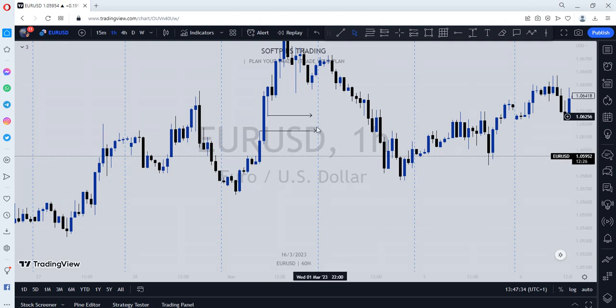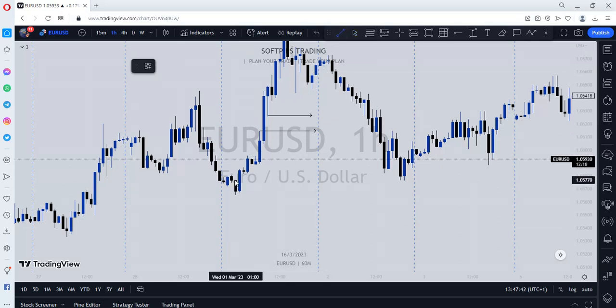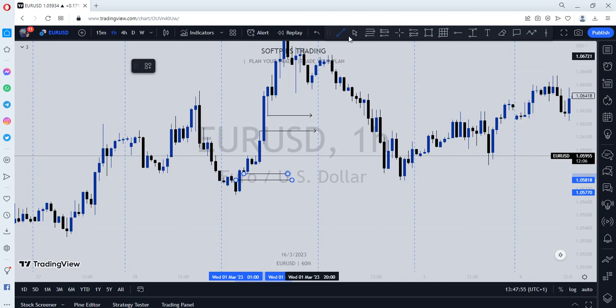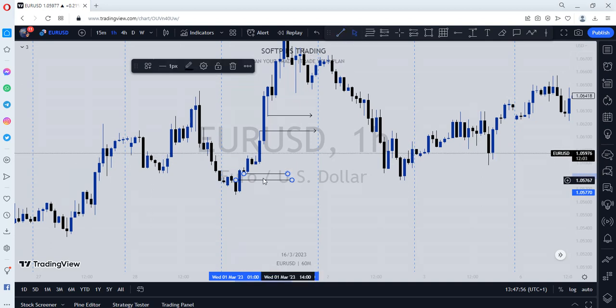So now, when you're taking fair value gap, for example, we have fair value gap here. It's very tiny. Why did I prefer this instead of this?